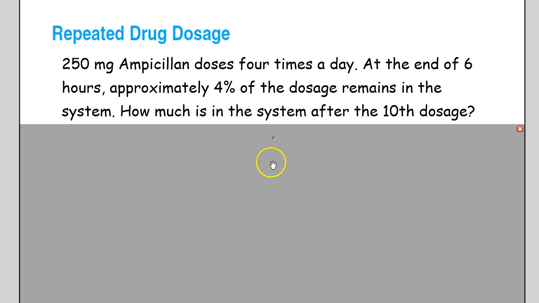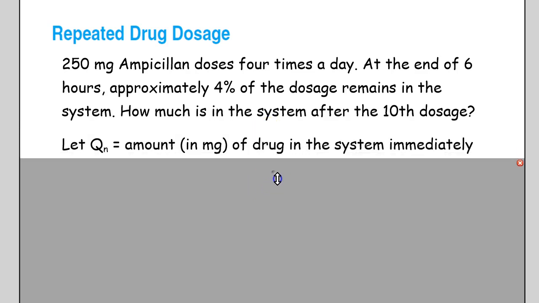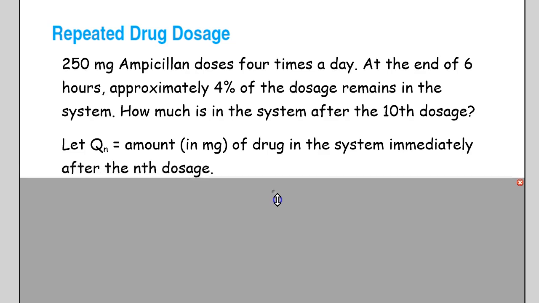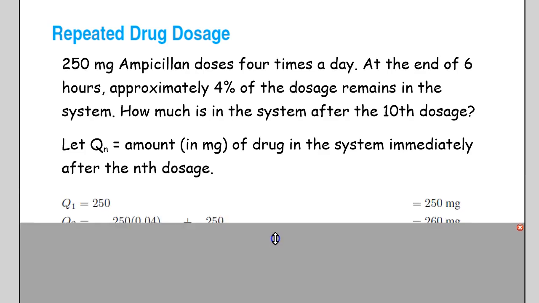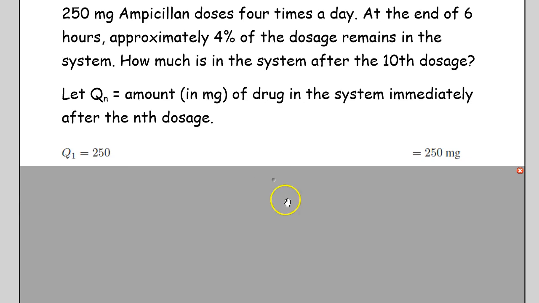Well, we can answer this using a series. Let Q sub n represent the amount in milligrams of the drug in the system immediately after the nth dosage. Let's take a look at what that looks like. Immediately after the first dosage, we have 250 milligrams.